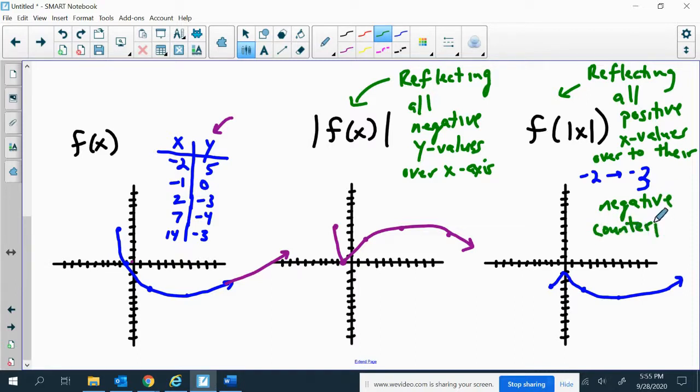That's probably the best way of putting it. So notice it basically just reflects over this line. So this point gets reflected over to here.